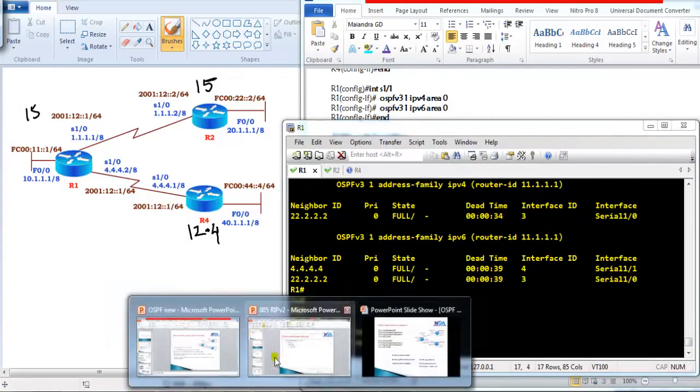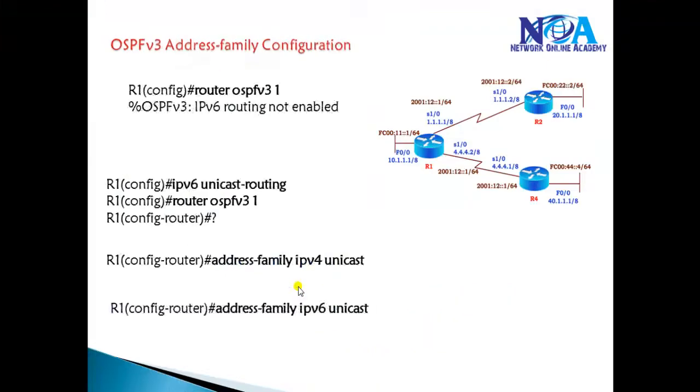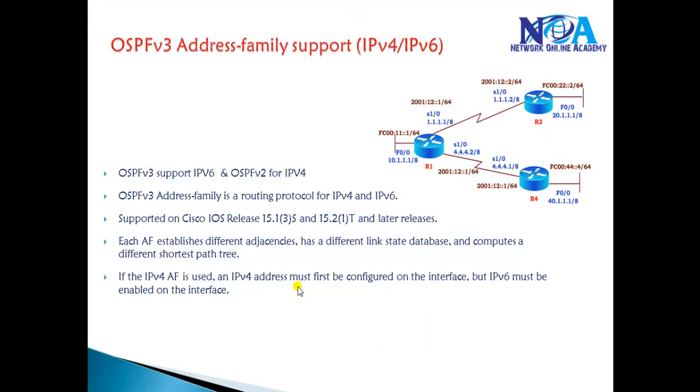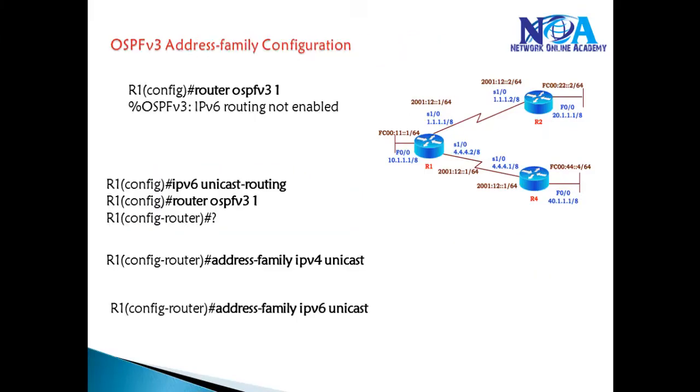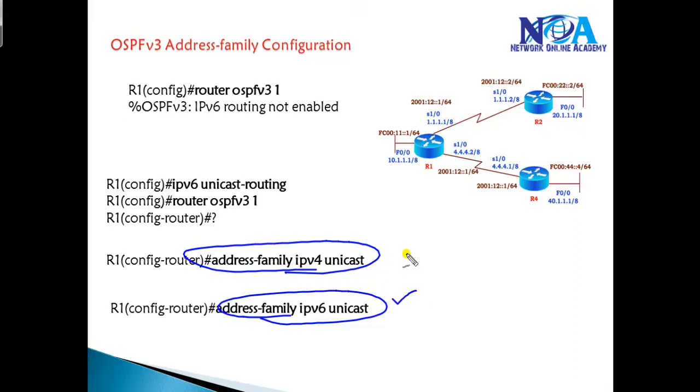Now let me quickly summarize what we have seen. We have seen the new configuration introduced in the 15 IOS releases. It now supports OSPFv3 with address family support, where we can have one OSPF process configuration for both IP version 4 and IP version 6, and we can separate the configurations by using the address family IPv4 and IPv6 commands.